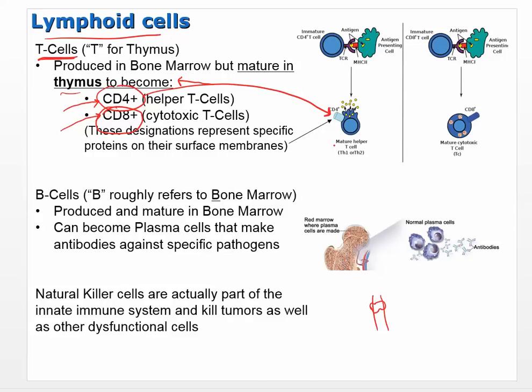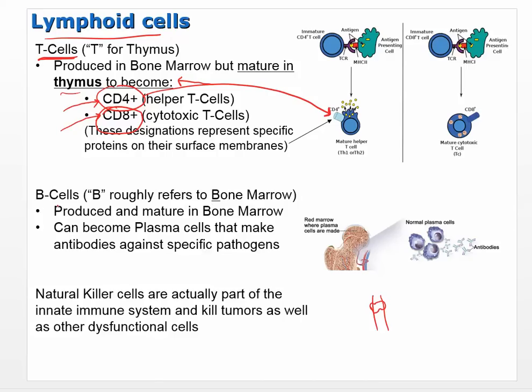Okay, you can't tell by looking at them, but you can sort of molecularly or antibodies can recognize the difference between these. And so these have different recognition proteins, and of course they serve very, very different functions. Okay, so these designations represent specific proteins on their surface membranes.